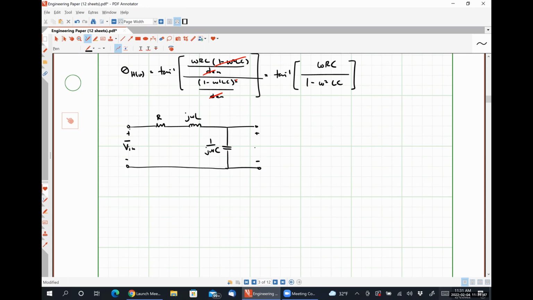And this is Vout. What kind of filter do you think this is going to be?